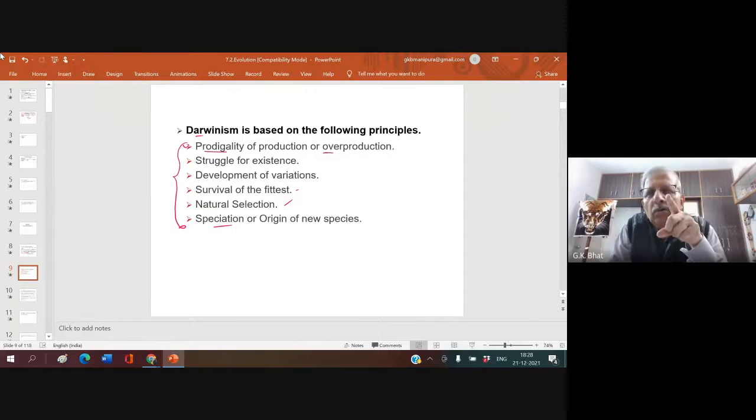Now, for the last 2 years, we are showing a struggle with nature. Human beings are involved in a competition with nature through the coronavirus. Those individuals who could not show a favorable variation, some human beings, died.